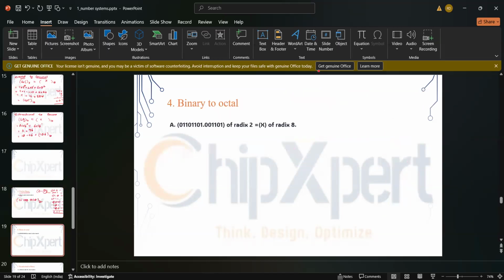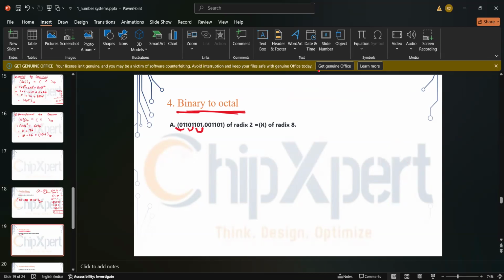And the next conversion is binary to octal. To convert this binary number to octal, we just club 3 bits. I'll club these 3 bits as one, these 3 bits as one, and the remaining 2 bits as one.